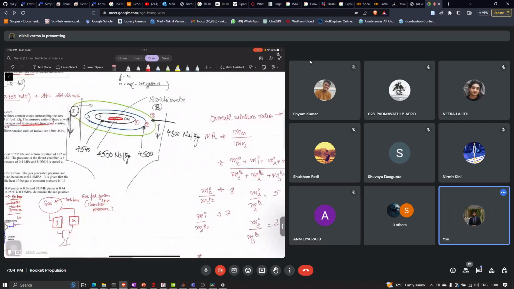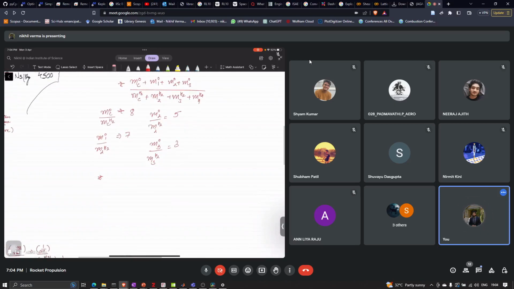So this will give you the mass of the oxidizer in the core stream plus the mass of the core hydrogen, divided by the mass of the hydrogen. So this will be 9, with this.